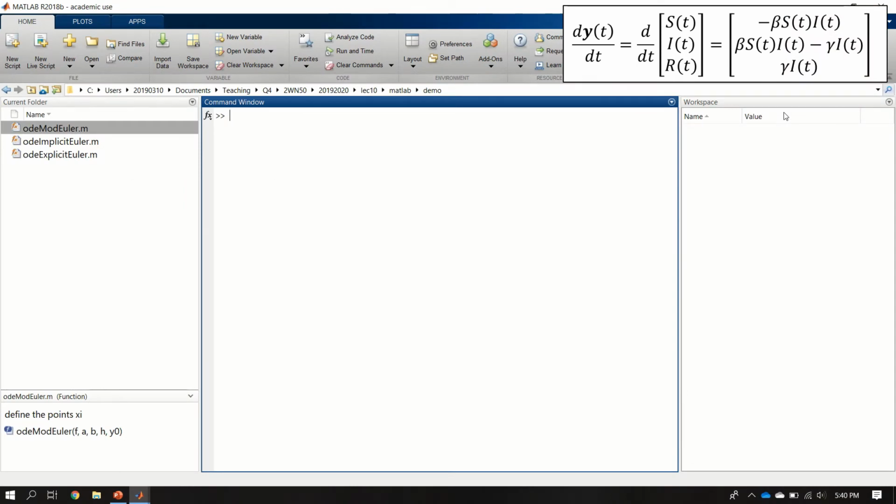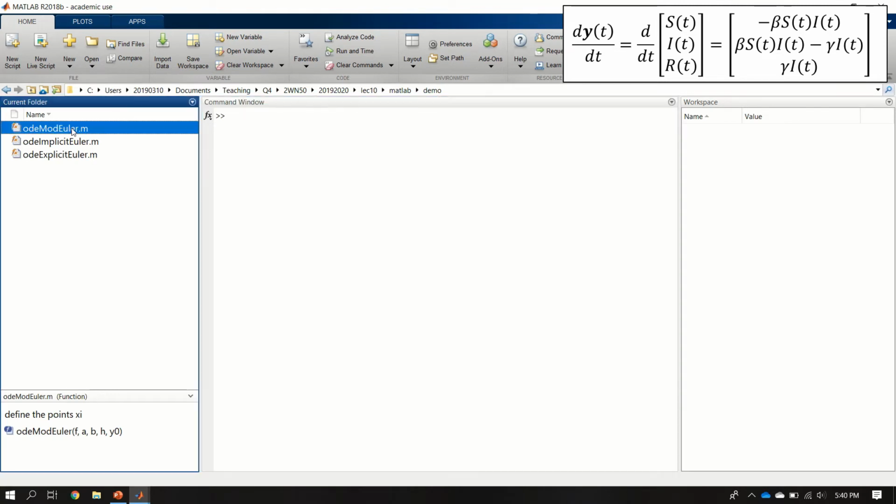So now I want to show you how straightforward it is to solve systems of ordinary differential equations when you already have solvers for single ODEs. Earlier in this lecture, we implemented the modified Euler algorithm and implicit Euler and explicit Euler.